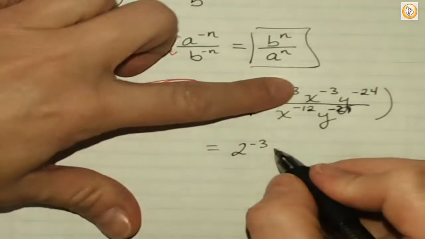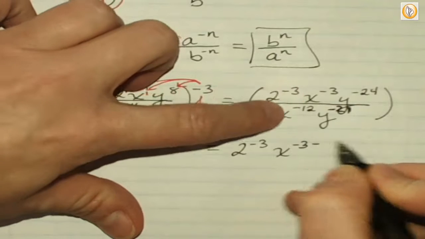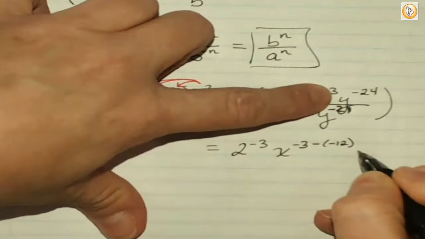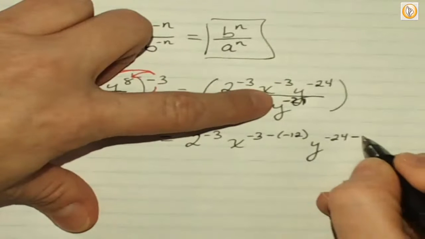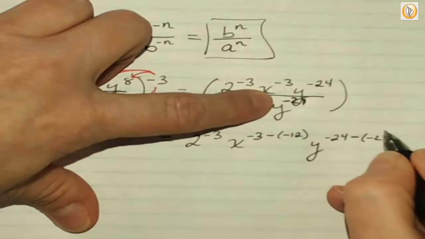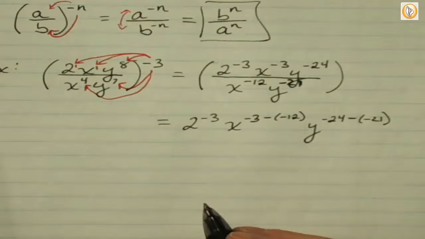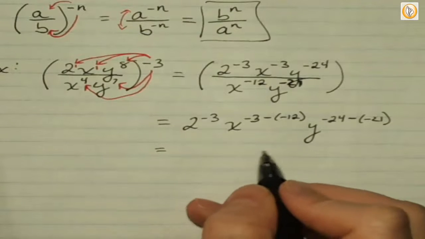Subtract. So I'm going to have x negative 3 minus negative 12. And then y, negative 24 minus negative 21. Y'all with me so far? If you have any questions, ask.